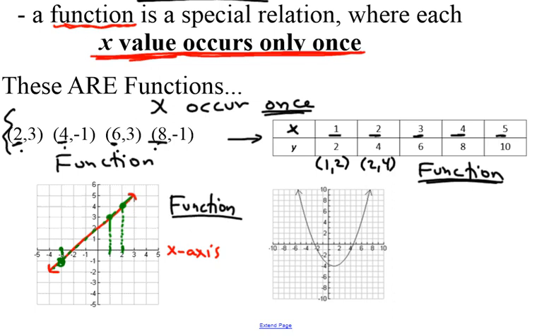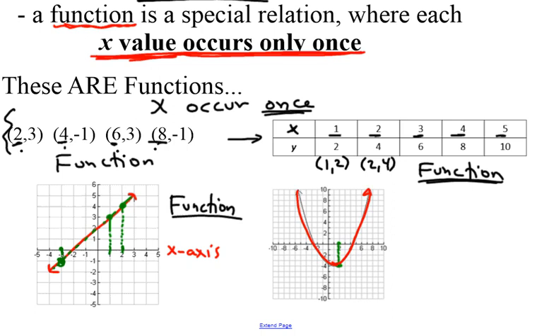Now the next graph, a parabola, a little bit different than a line, but we still see. Pick an x value. If x equals 2, well, if I find where x equals 2 on my graph, I see that we only hit that graph one time. Here's the graph, and there's where x equals 2 hits it, only in one spot.